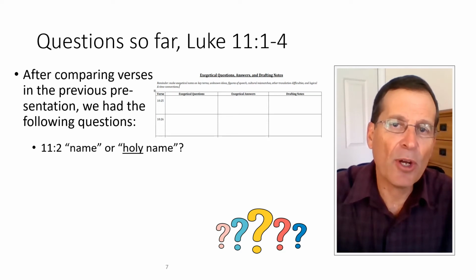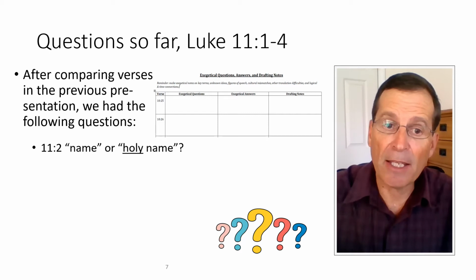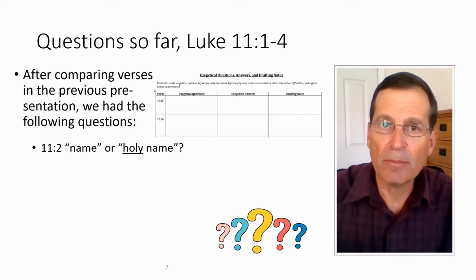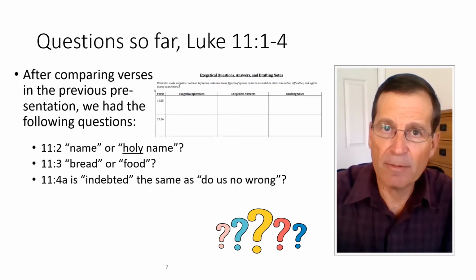We decided that there would be a potential difference in meaning between name and holy name. So which one should we translate in our translation? In verse 3, there was a difference in meaning between bread and food. So once again, which one should we translate?